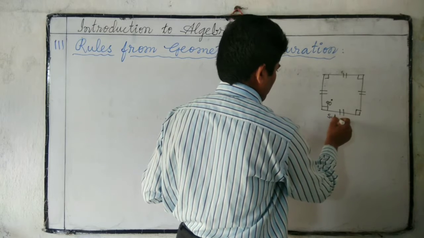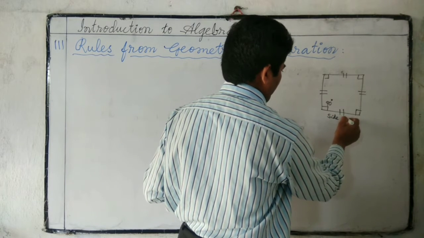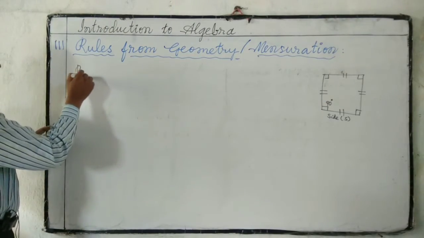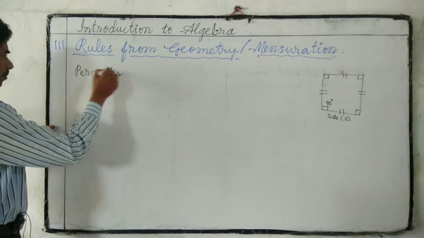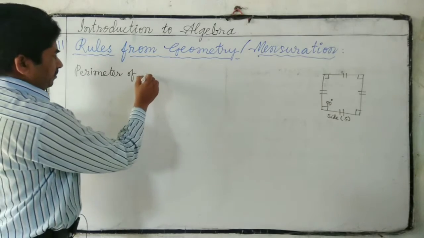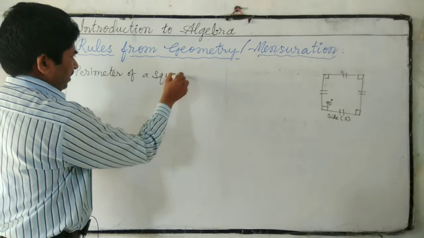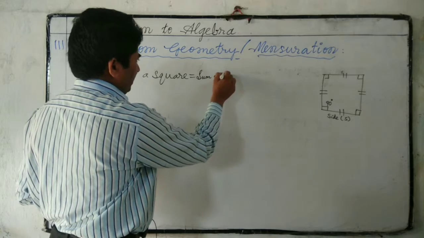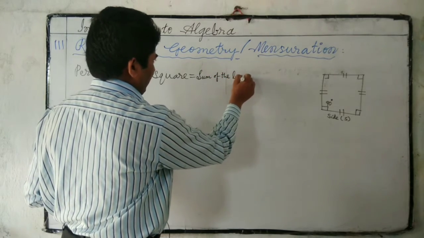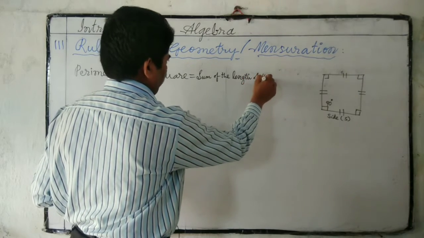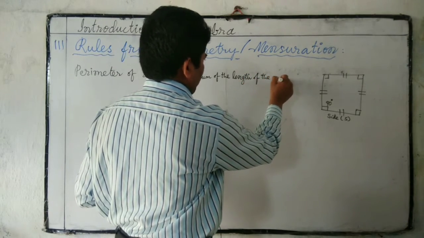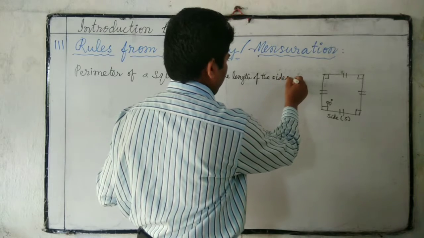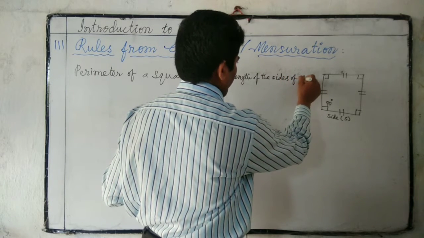Side is generally denoted by S. Perimeter of a square is equal to the sum of the length of the sides of the square.